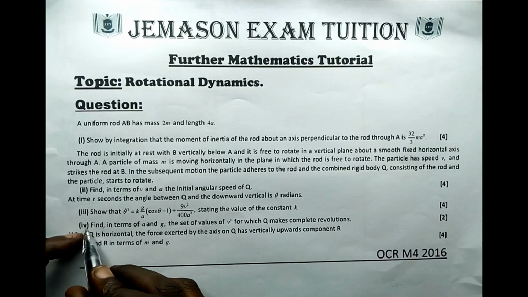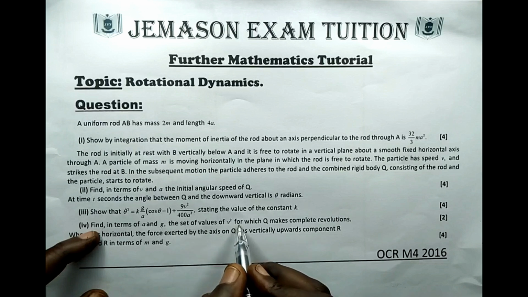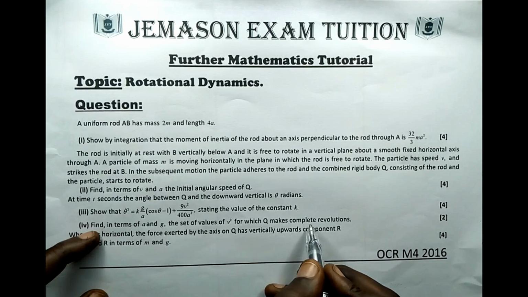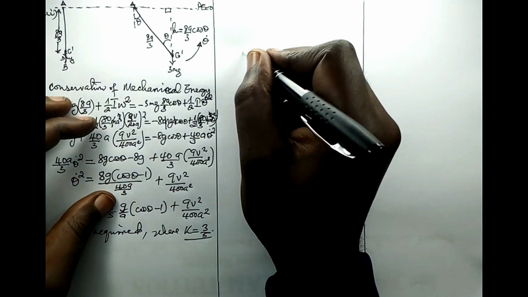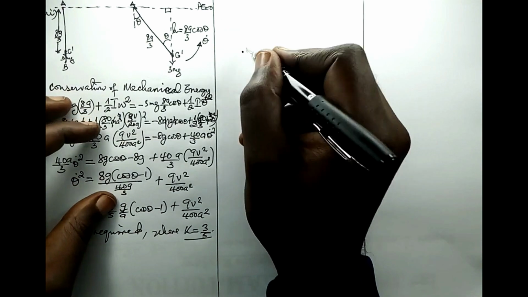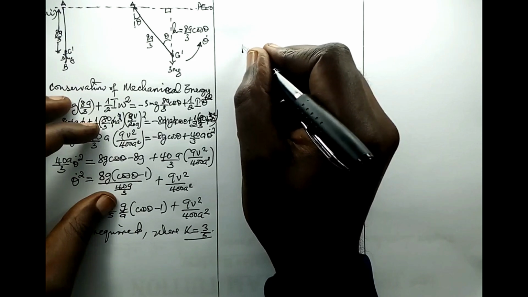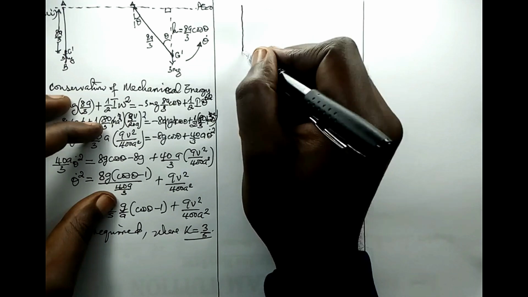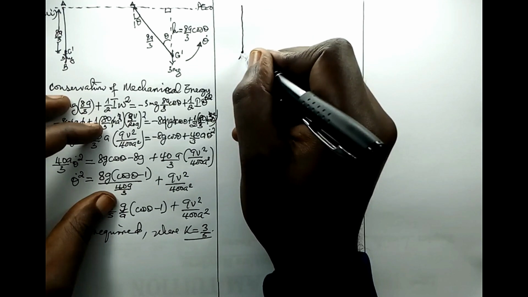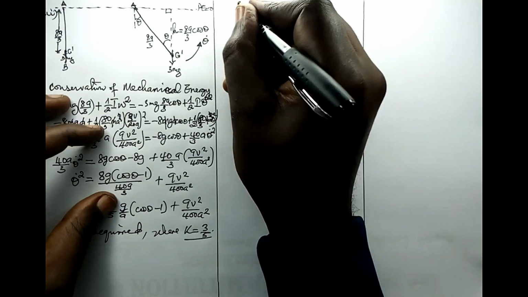In Roman 4, we are asked to find, in terms of a and g, the set of values of v squared for which Q makes complete revolutions. In the case where Q makes complete revolutions, we would have the situation where the system rotates and the axis, which is here, B, now finds itself at the top there.